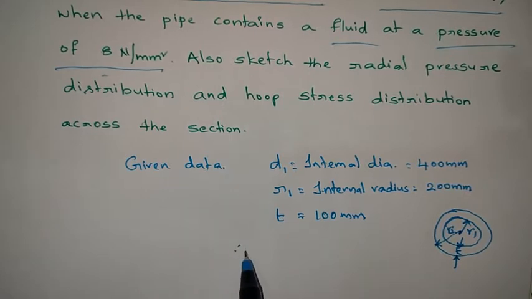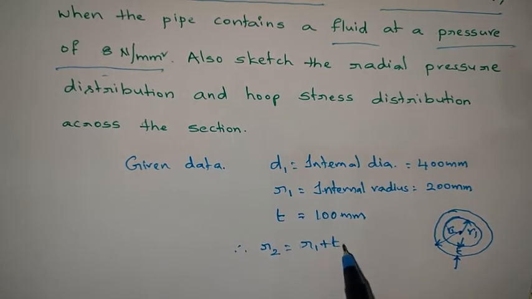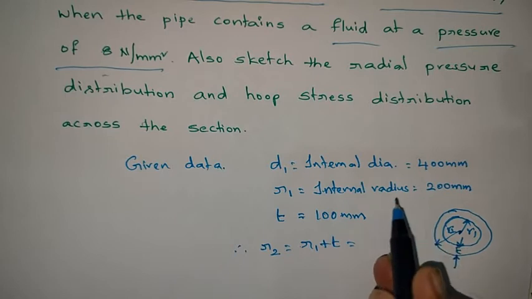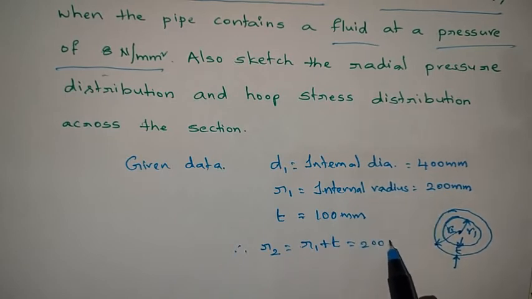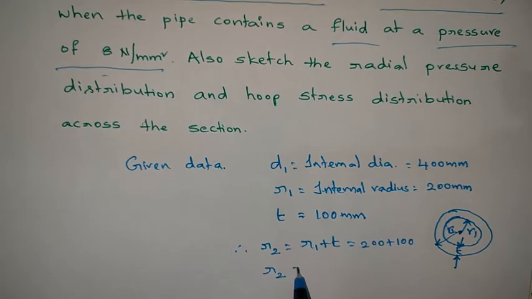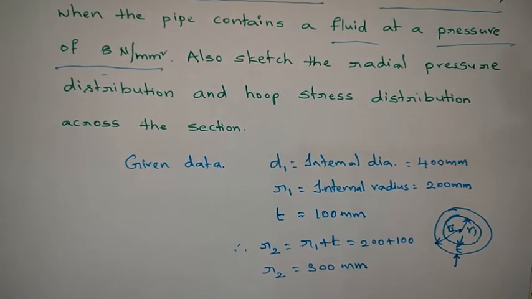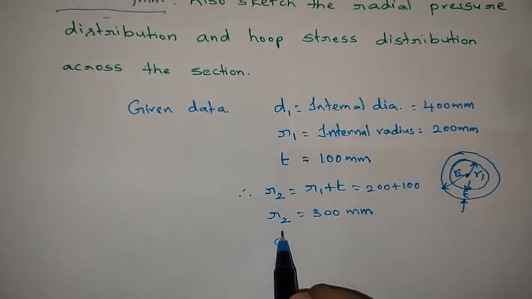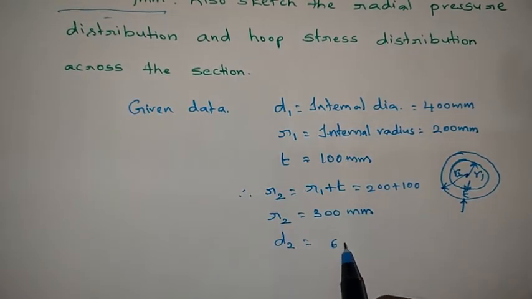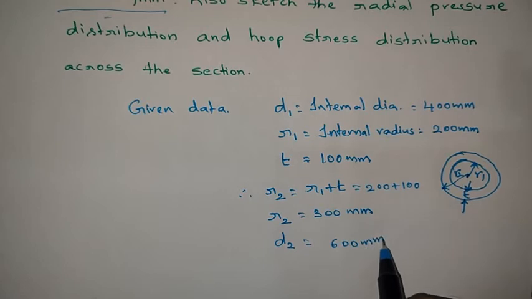So therefore external radius R2 equals to R1 plus t. So R1 value is 200 plus t value is 100. So R2 is equals to 300 mm. Then what about the diameter? D2 equals to 600 mm.